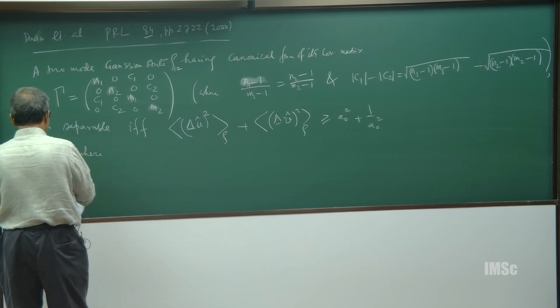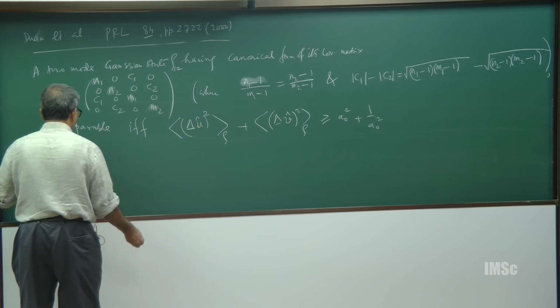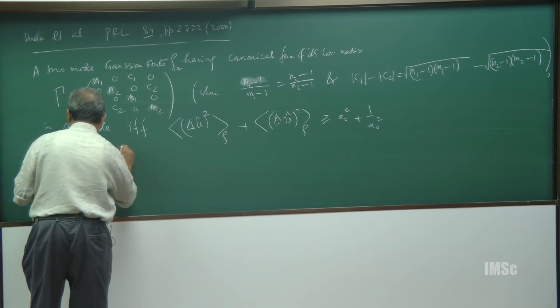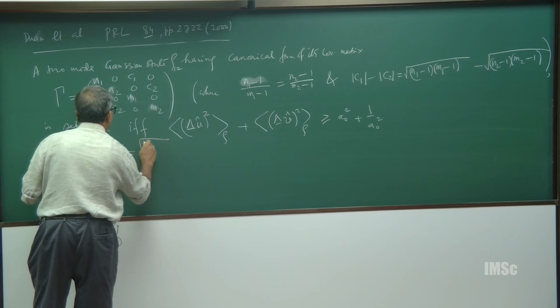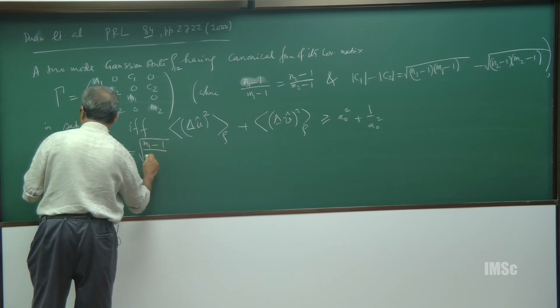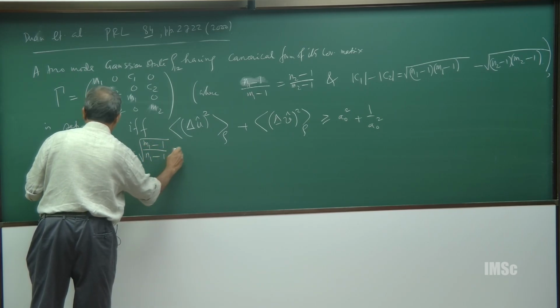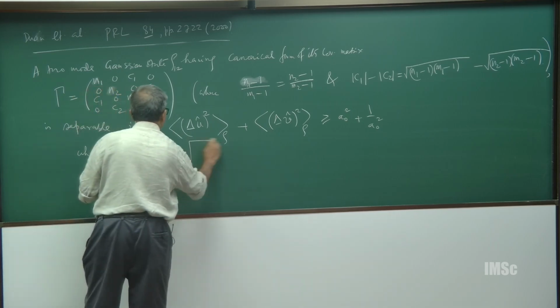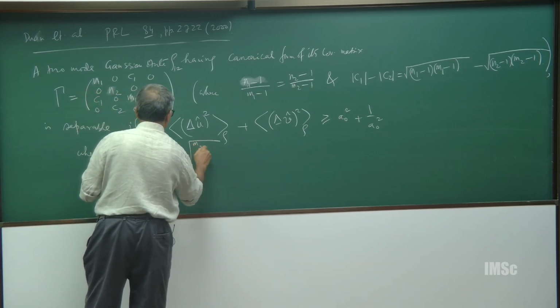where is this a 0? Yes. So, where a 0 square is equal to m 1 minus 1 by n 1 minus 1, is equal to m 2 minus 1 by n 2 minus 1.